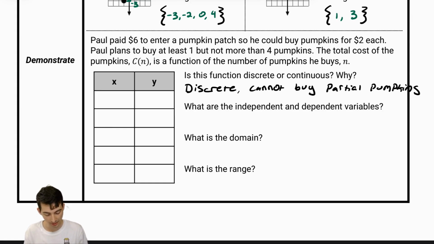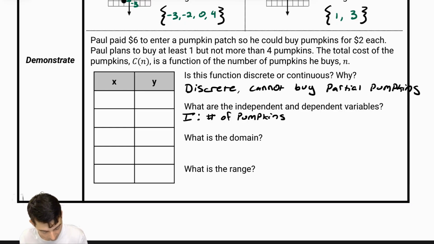So what are the independent and dependent variables? Well, the cost is going to depend on the number of pumpkins that he buys. So my independent would be his number of pumpkins, and his dependent would be the total cost.